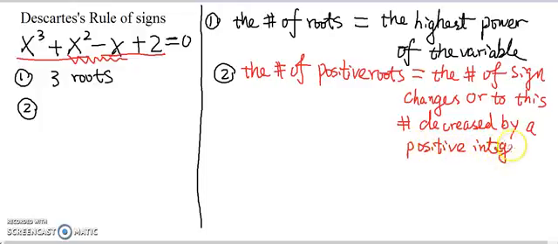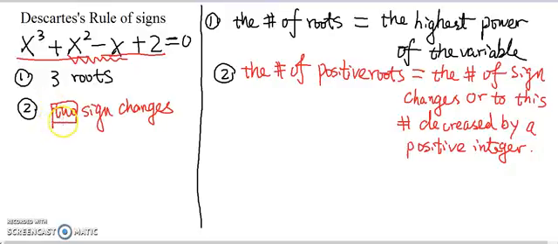What it means is we can look at this example right here. We notice that there are 2 sign changes. The first is between the first term and second term, and the second is between the second term and third term. So there are 2 sign changes. So this is the number here, 2.